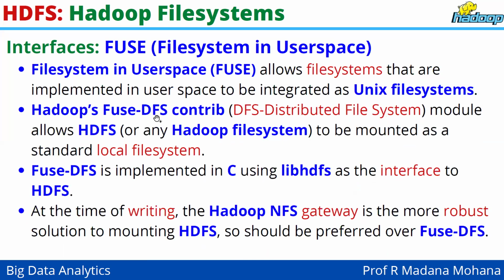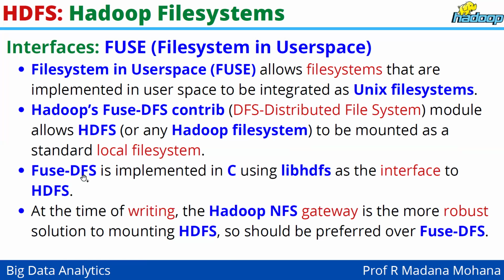Then another interface is FUSE, which stands for Filesystem in Userspace, which allows file systems that are implemented in user space to be integrated as a Unix file system. Hadoop's Fuse-DFS contrib module, DFS meaning distributed file system, allows HDFS or any Hadoop file system to be mounted as a standard local file system.